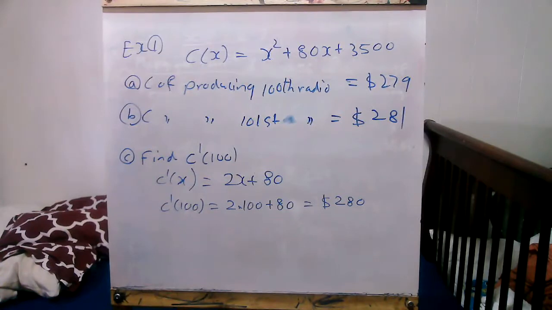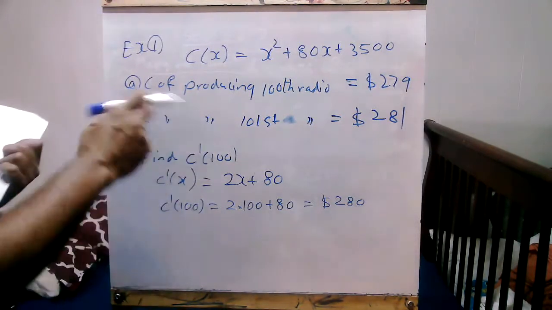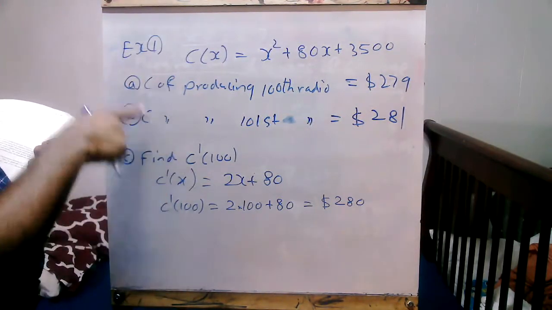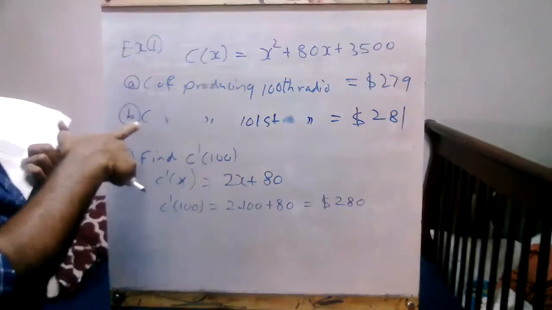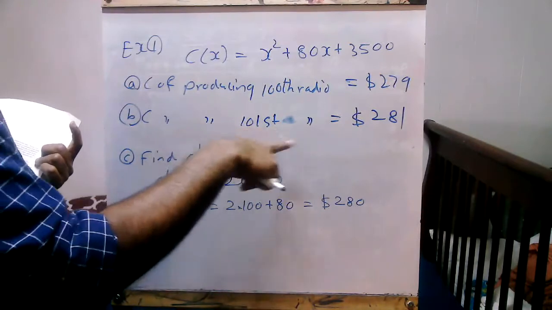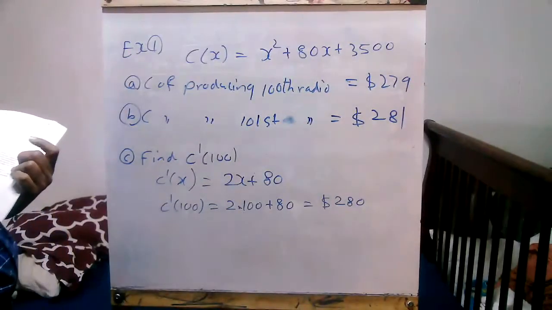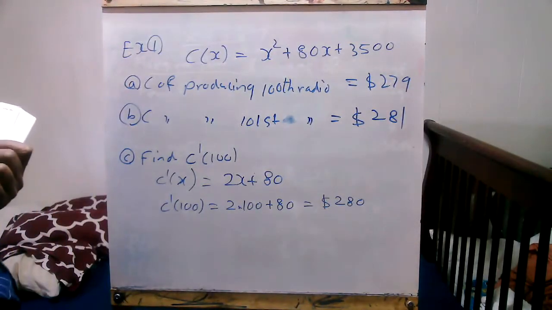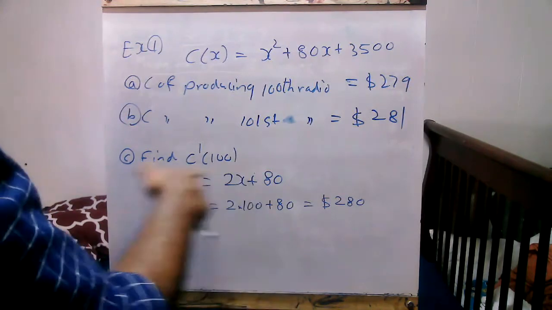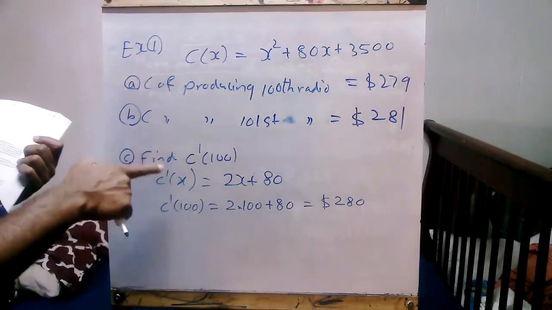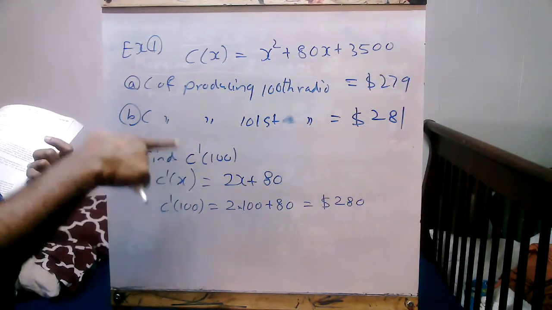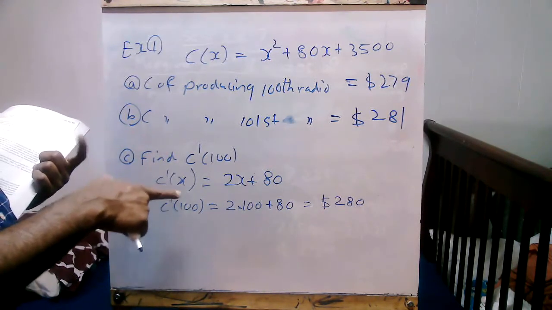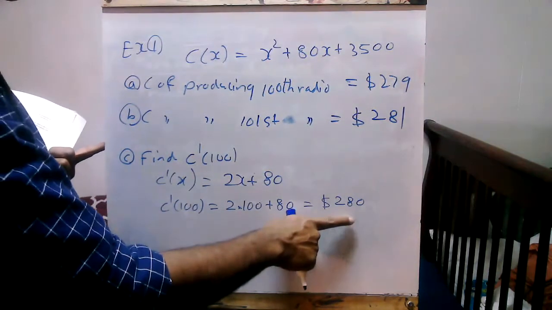Okay, now compare these three. Cost of producing the 100th radio is 279. Cost of producing the 101st radio is 281. When we find C'(x), the derivative of the cost function, when x is 100, we get 280.